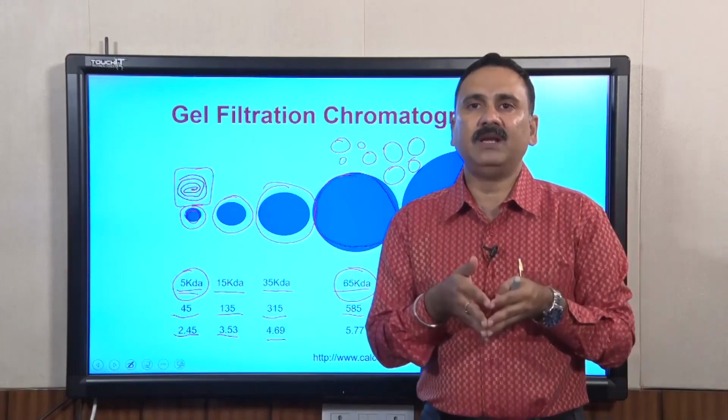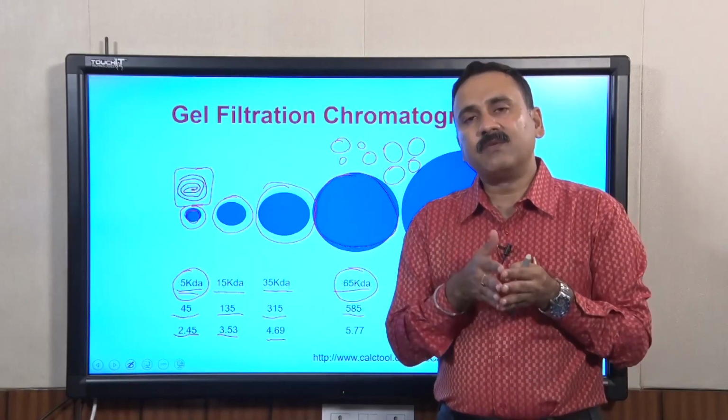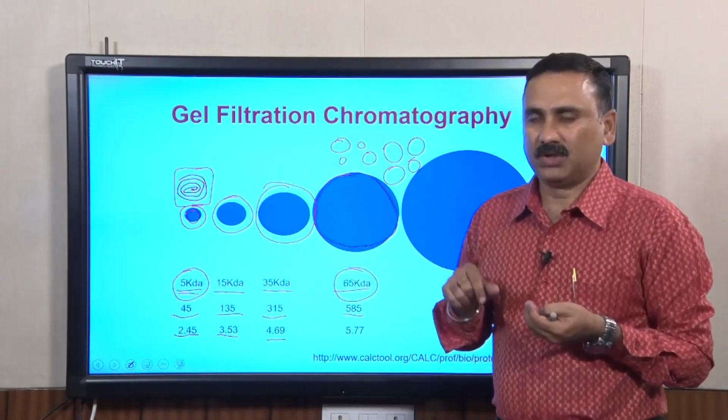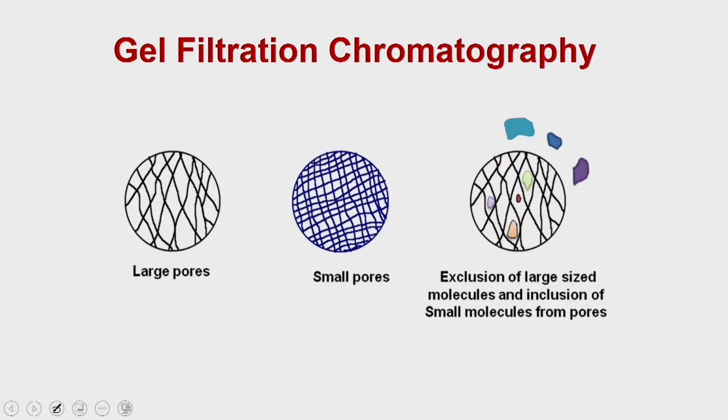It actually has funnels of different pore sizes, and based on that it filters these molecules. In a typical gel filtration, you have beads with large pore size and beads with smaller pore size, and when you put the molecules through this, the large molecules are going to be excluded, whereas the small molecules are going to be included.